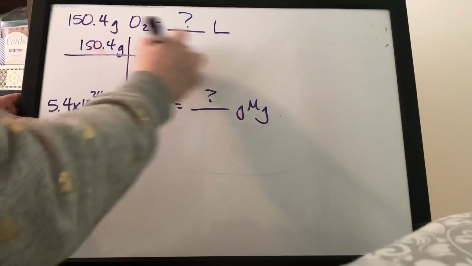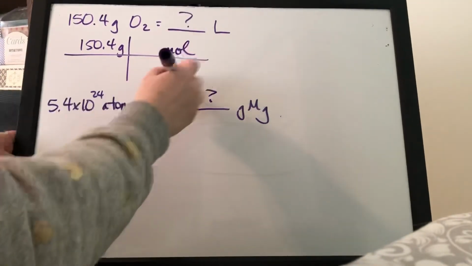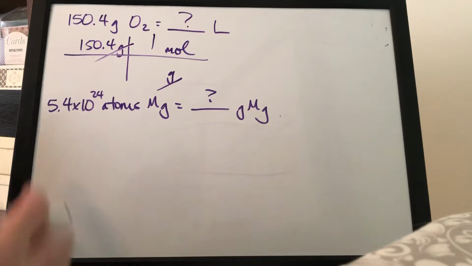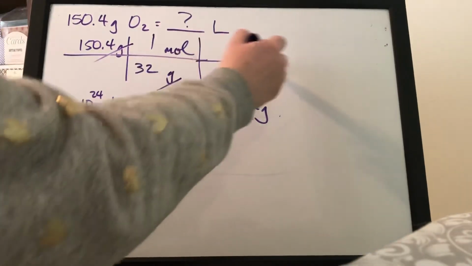150.4 grams. So one step at a time, grams first to moles, grams on the bottom, moles on the top, so they cancel. 1 mole, I'm using molar mass, so O2's molar mass is 2 oxygens, 2 times 16, so that's 32. And then you can, of course, stop here and solve this mathematically, but it's so much easier to keep going, so we're just going to keep going.